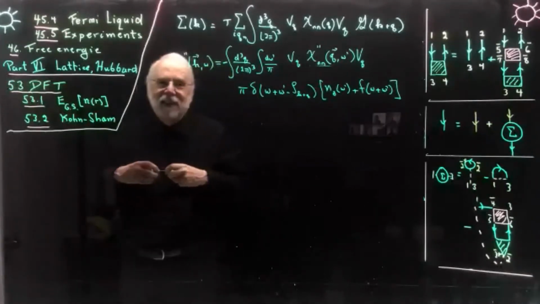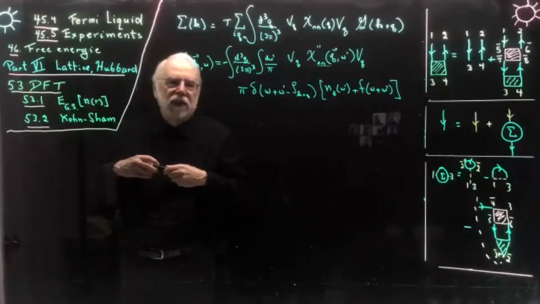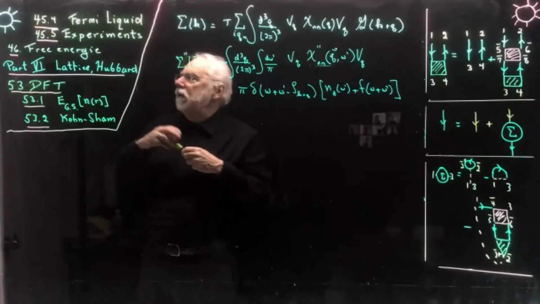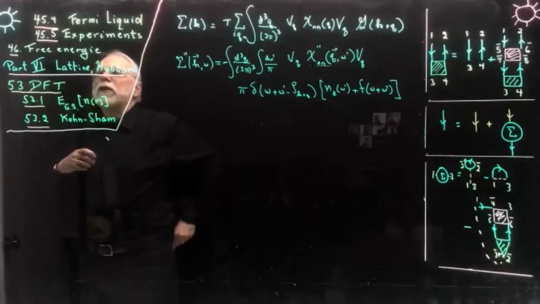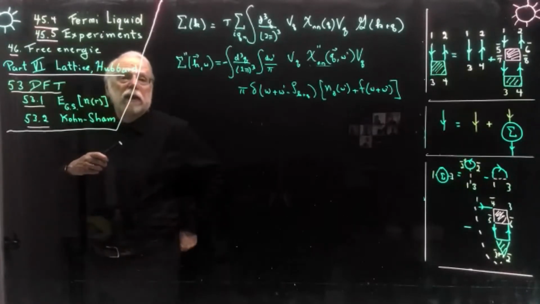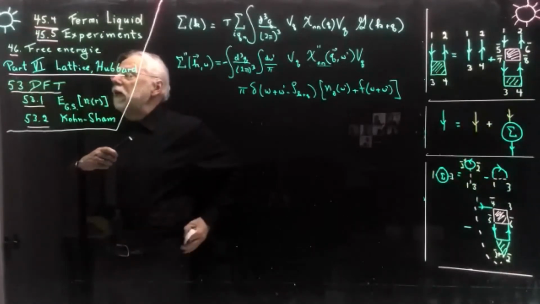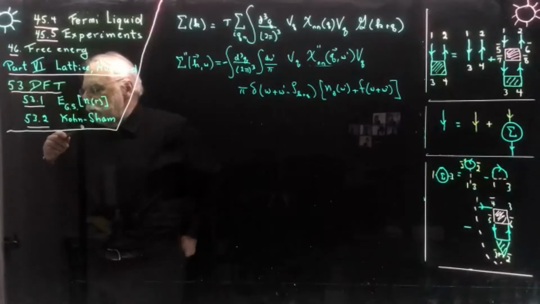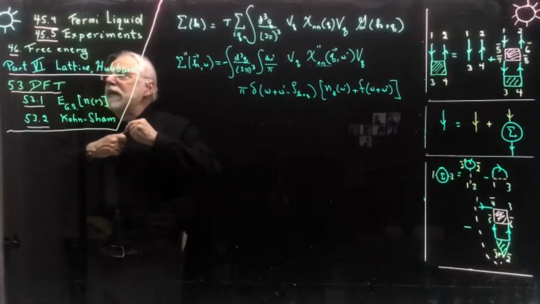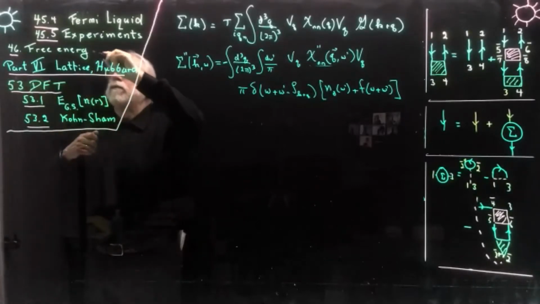Okay, and then I will show you how to compute the free energy in principle, or the ground state energy, but I will not do it because, well, I will show you the formula, but I will not compute any free energy.